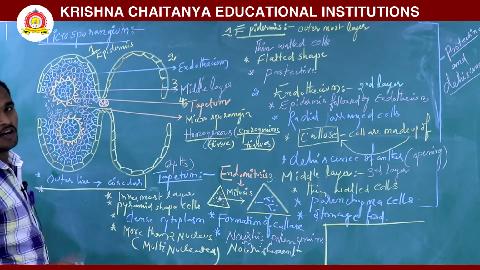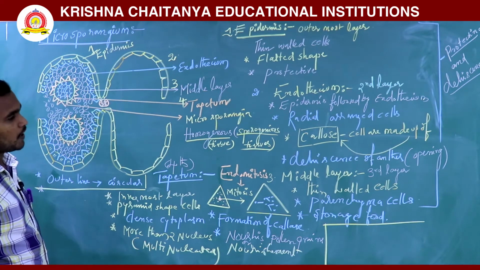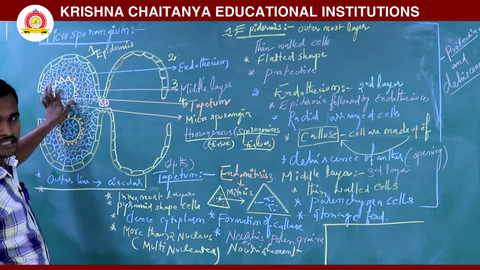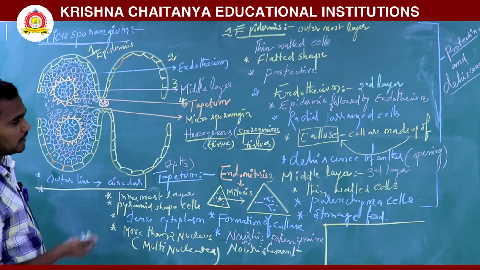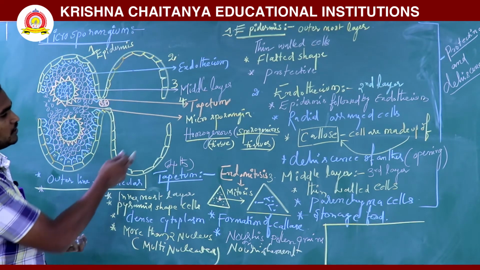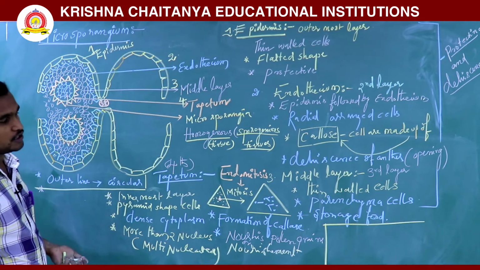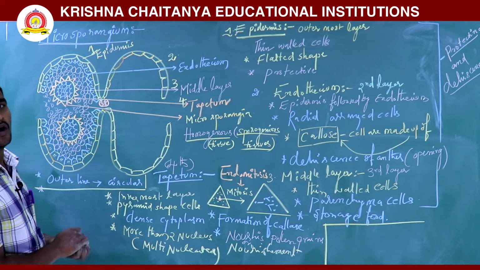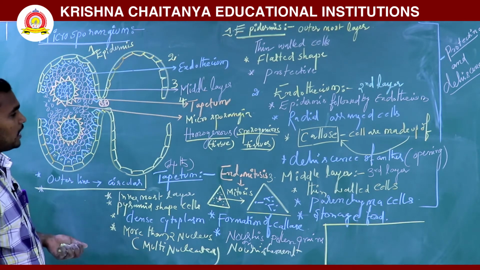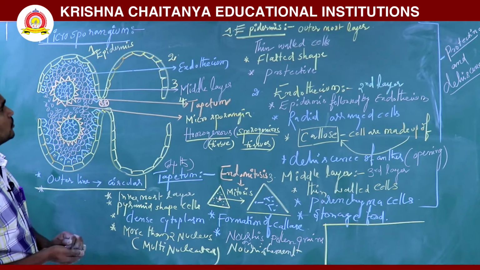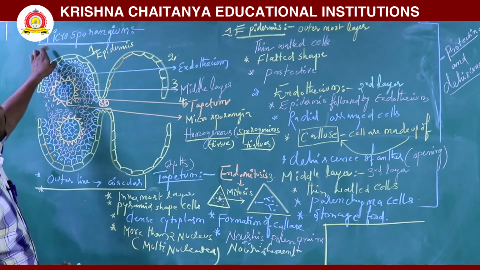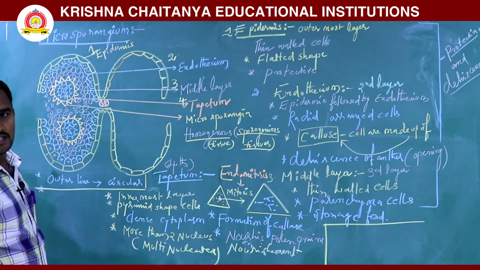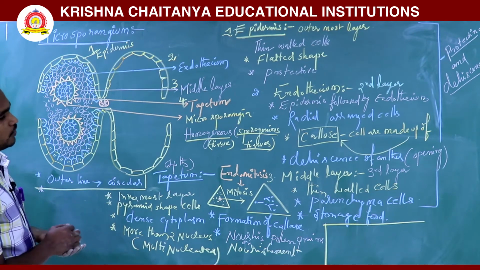This region is the microsporangium. The cells at the center of the microsporangium are the sporogenous tissue, which acts as the microspore mother cell or pollen mother cell. So this is all about the microsporangium.